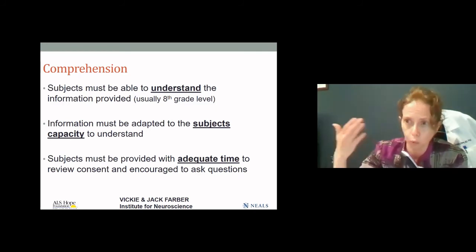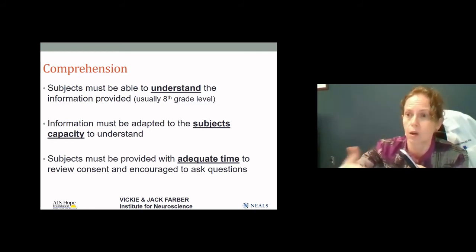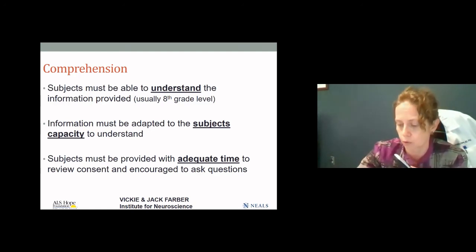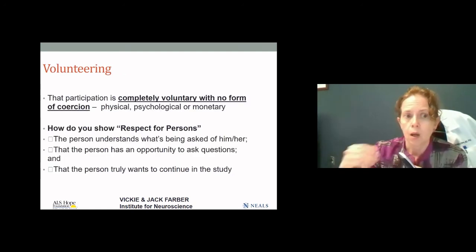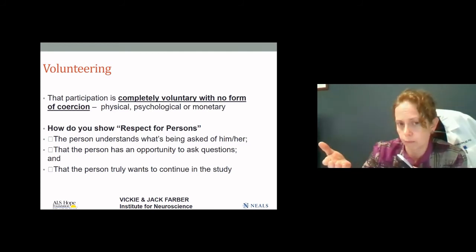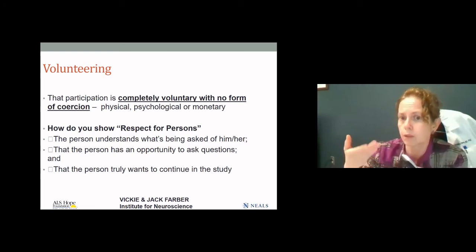Not only to read the actual document, but also to have this dialogue, to have the back and forth answers and questions. Also, the other important part is that there should be no form of coercion. There should be no physical, no psychological or monetary coercion.